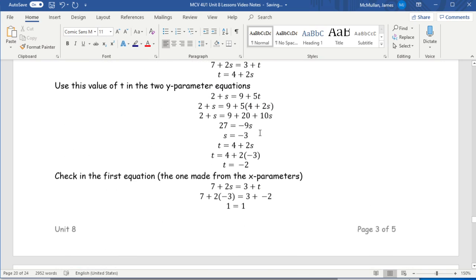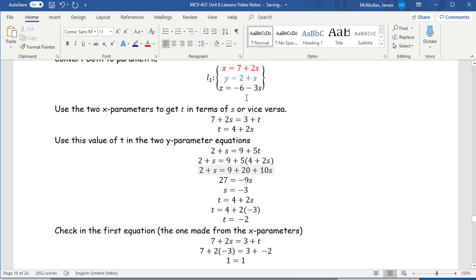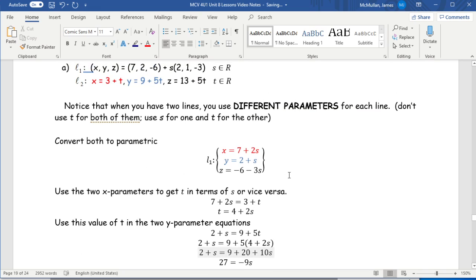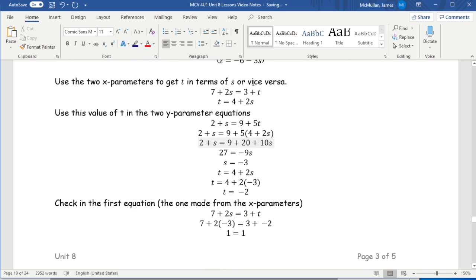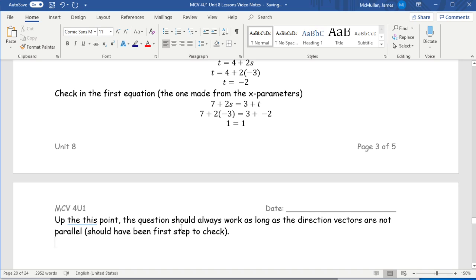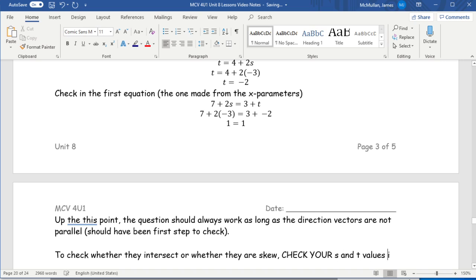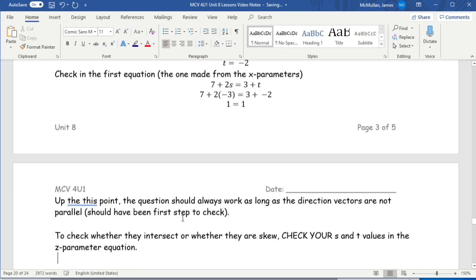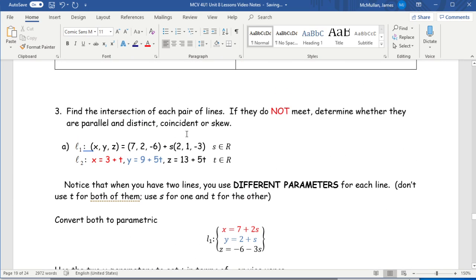So what I'm trying to say is, whether they're skew or whether they intersect, what I've done from here to here will always look like it's working. The final check, to see whether they intersect or whether they are skew, is to check your s and t values in the z parameter equation. So let's go back up and look at z.